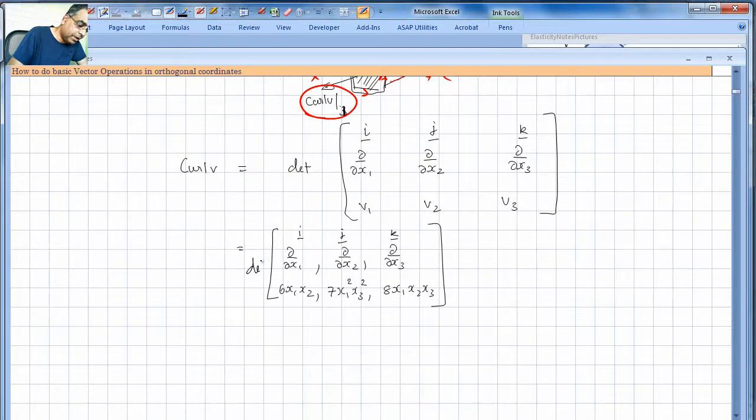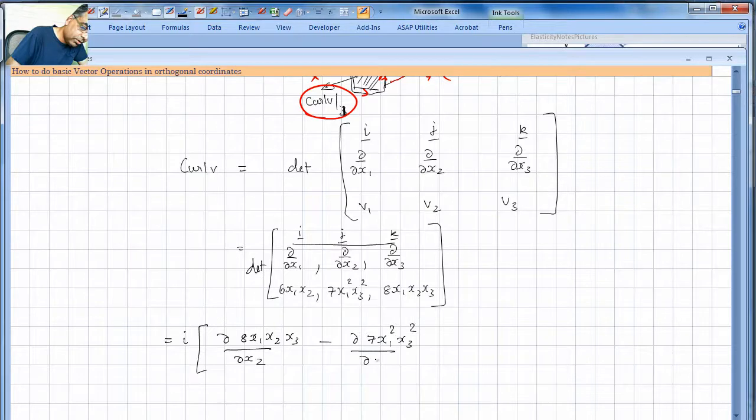Right? So compute the determinant of this. We are going to do a row-wise expansion, that is I times differentiate 8 x1 x2 x3 with respect to x2, minus differentiate 7 x1 squared x3 squared with respect to x3, plus the other two things.